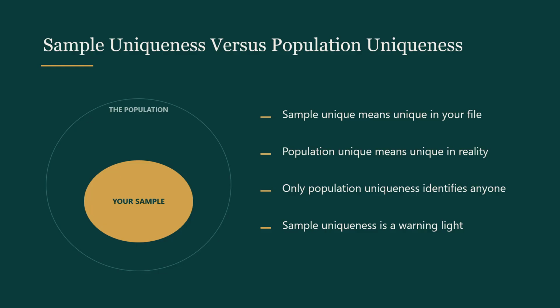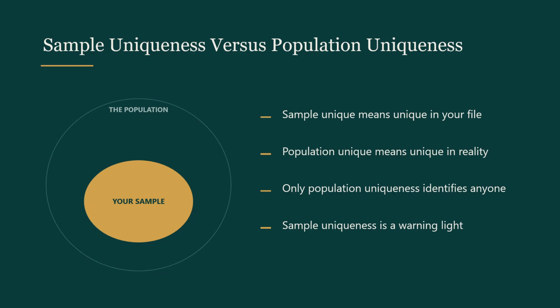Now take R06, 94 years old, female, zip 62702. At extreme ages, the population thins dramatically, and the number of 94-year-old women in a single 5-digit zip code may genuinely be 1 or 2. If it is 1, then sample unique and population unique coincide, and anyone holding that combination has identified a specific human being.